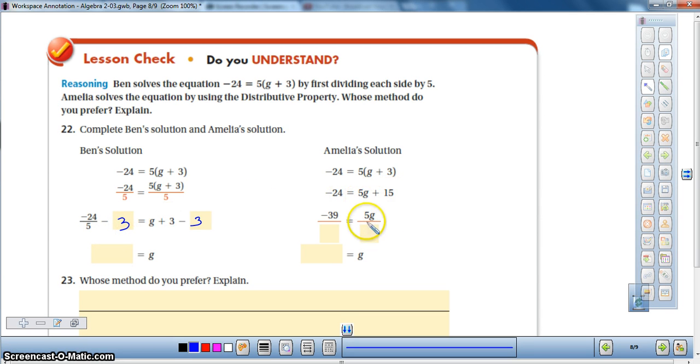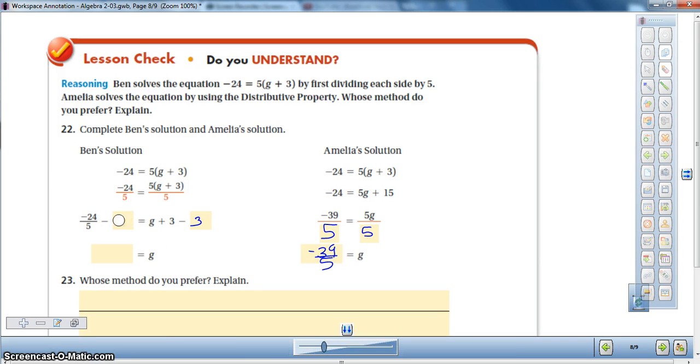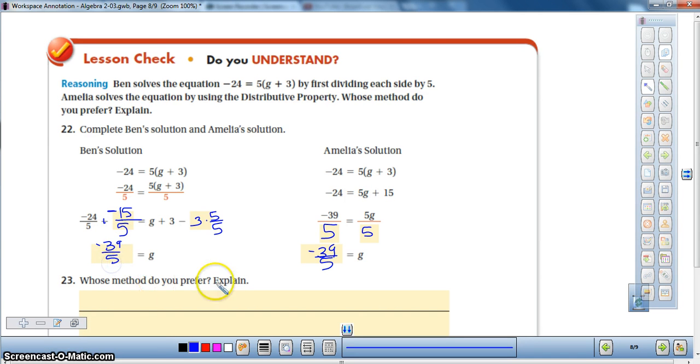Whereas here we are dividing by 5, and we have negative 39 fifths. When we look at adding 3, we need to make sure that 3 actually has a denominator of 5. So what is 3 if the denominator is 5? Multiplying both numerator and denominator by 5 gives us 15. It's a plus. Remember, the negative always goes with the numerator, so we still get negative 39 fifths, both ways of solving that equation.